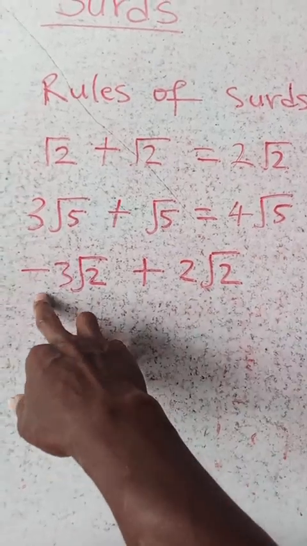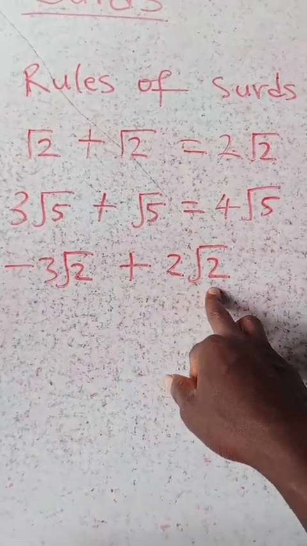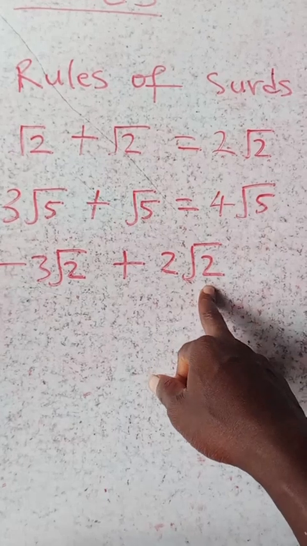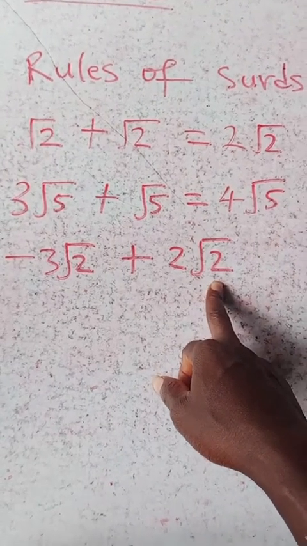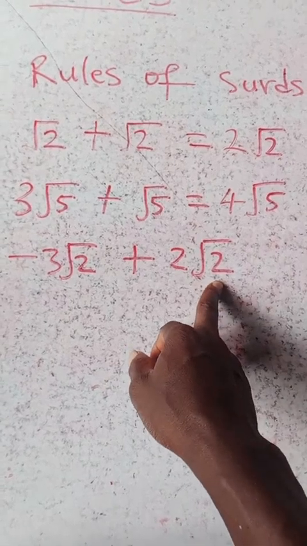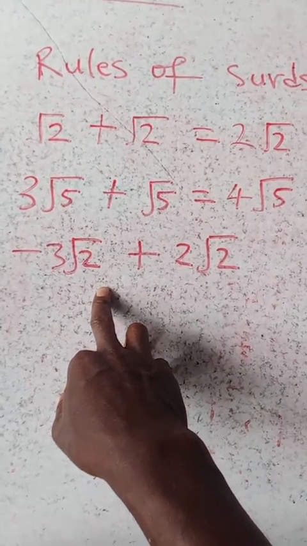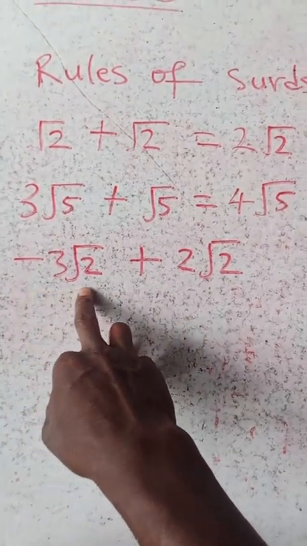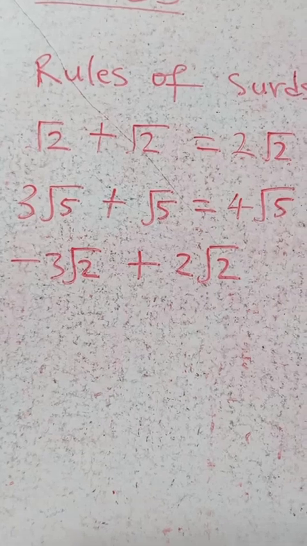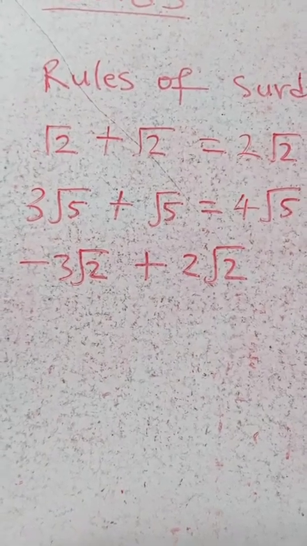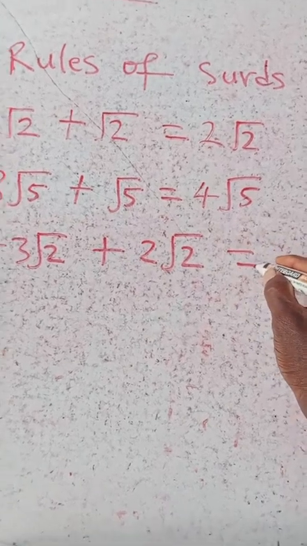So if you are owing 3 goats and you have 2 goats, of course you are going to pay back the person you are owing. When you give the person the 2 goats that you have, meanwhile you are owing 3 goats, what will be the result? You are owing 3 but you gave the person the 2, so what is left?